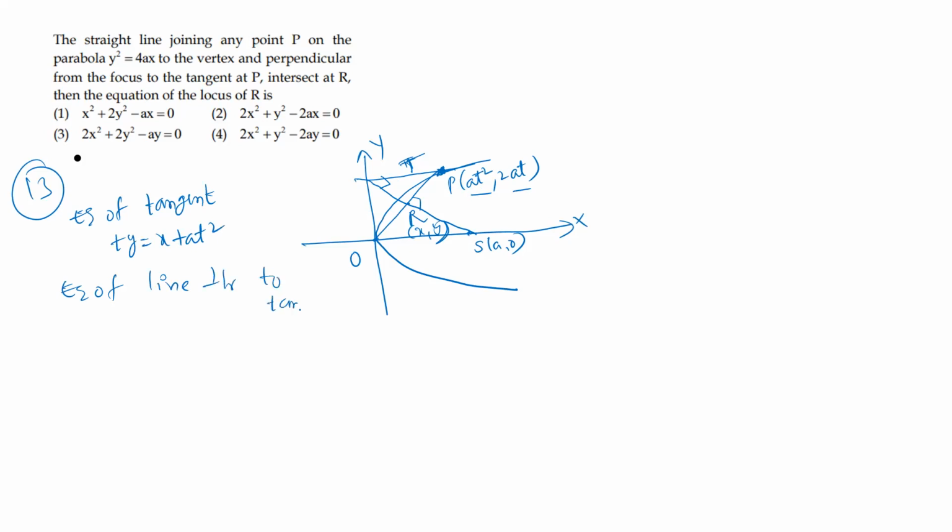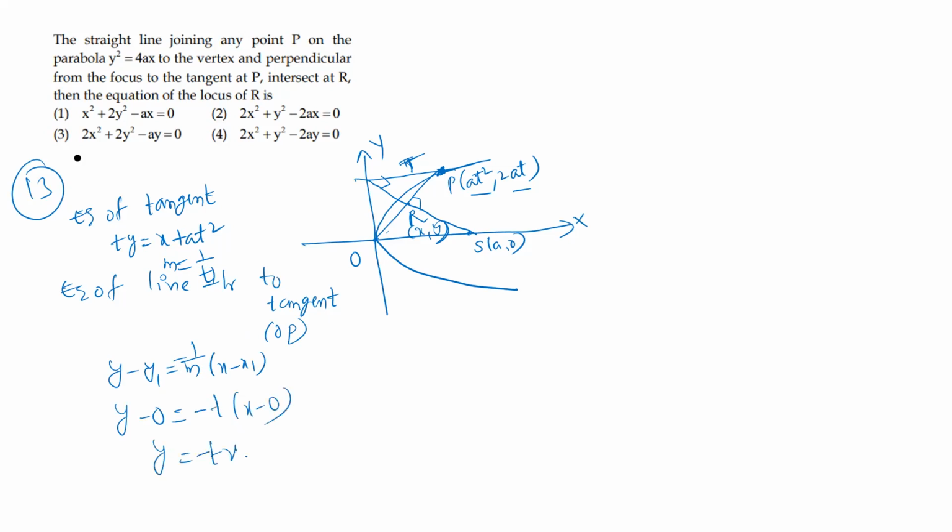OP is perpendicular, and it is already passing through 0 comma 0. So y minus y1 is equal to m into x minus x1. For this slope, what will we get? From y is equal to mx plus a, dividing by t, we get 1 by t. So the perpendicular slope is minus 1 by m, so y minus 0 is equal to minus t into x minus 0. From this, what will you get?